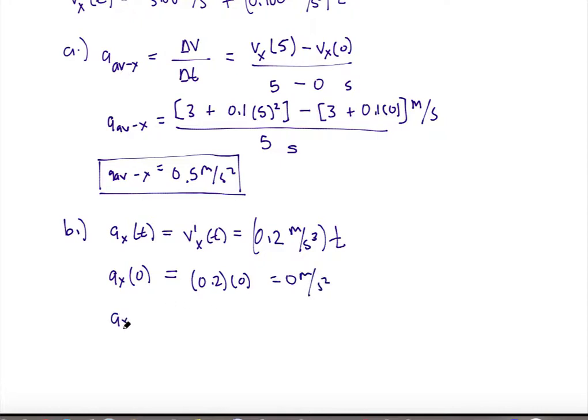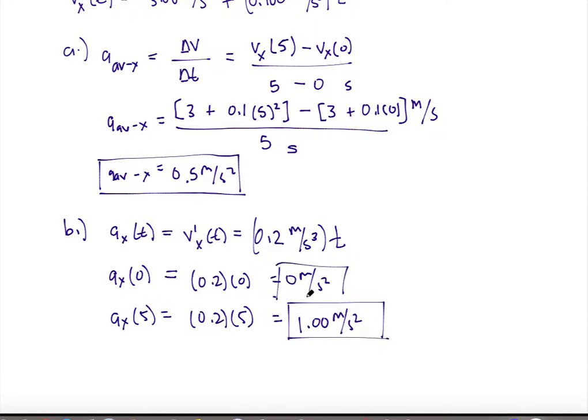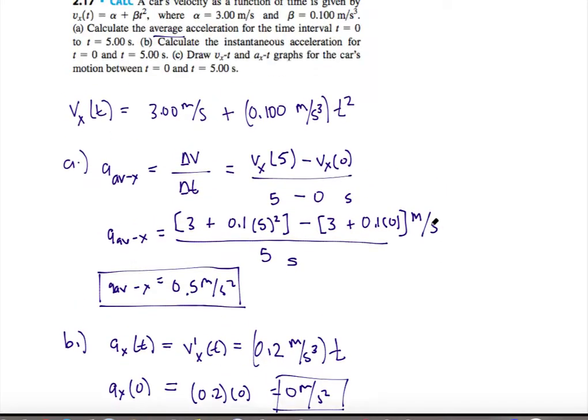And my acceleration at 5 seconds will be 0.2 times 5 seconds, which is 1, and if you want to go with significant figures here, 1.00 meters per second squared. So here are my two instantaneous accelerations, again found with the derivative of velocity with respect to time.